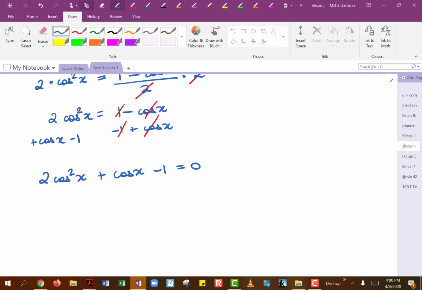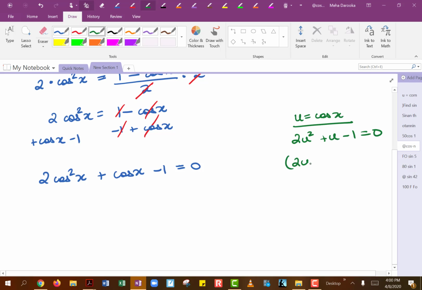So if you notice this again, this is in the form of our quadratic function. If you think of u as being our cosine of x function, you have 2u squared plus u minus 1. So this will factor into 2u minus 1 and u plus 1 for the other one.